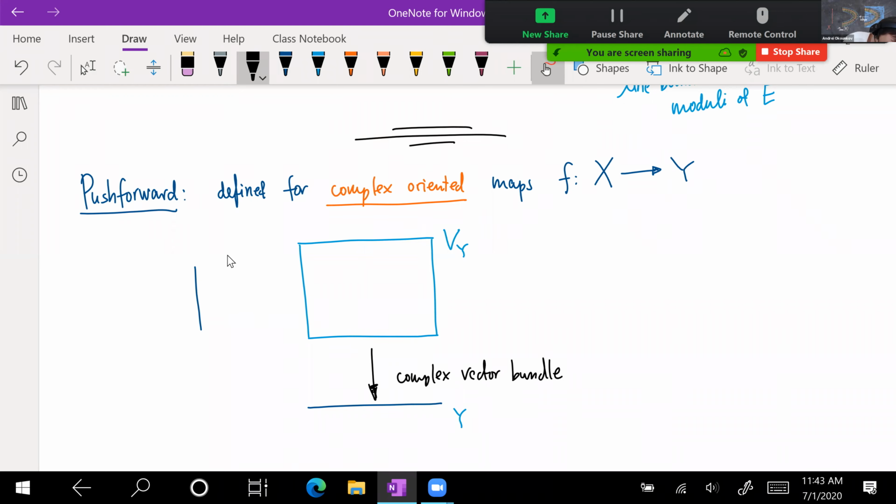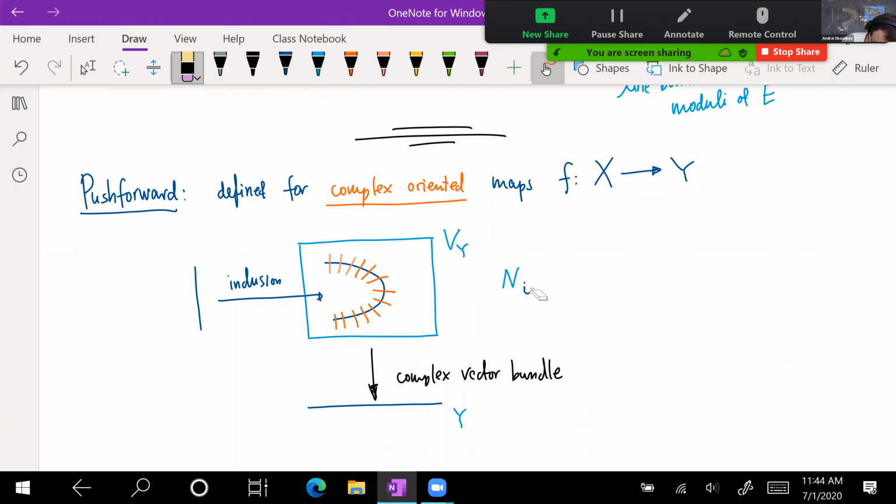And then we would like an inclusion such that the normal bundle to the inclusion is also a complex vector bundle. So if I compute the normal bundle to the inclusion, let's call it inclusion I.